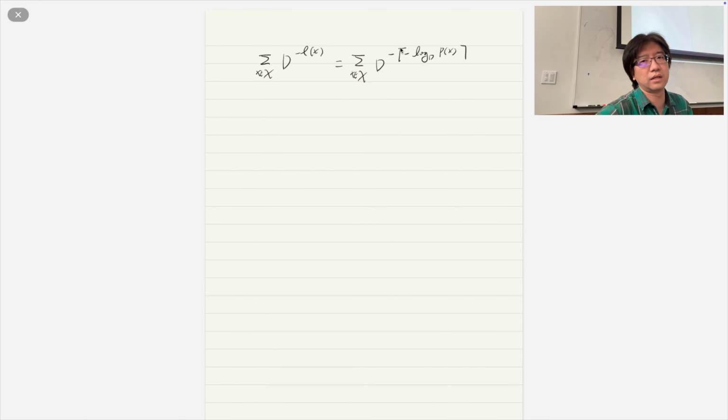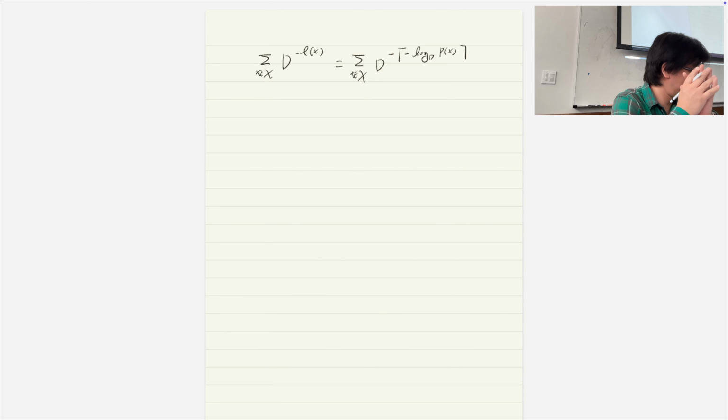If we get rid of the ceiling, this term will just equal 1 over P(x). But when we get rid of the ceiling, do we get an upper bound or a lower bound? Since there is a minus here, this is in the exponent, so we get something bigger or smaller.